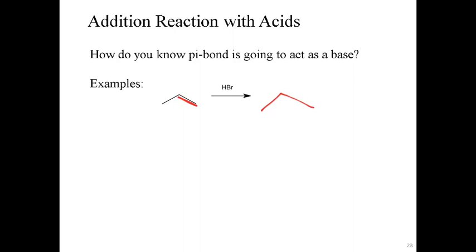Form a carbocation. Okay? Didn't ask for a mechanism. I will get there, but yes, I like it. We add a hydrogen and we add bromine. Where should they go? The hydrogen goes there. Red or blue?